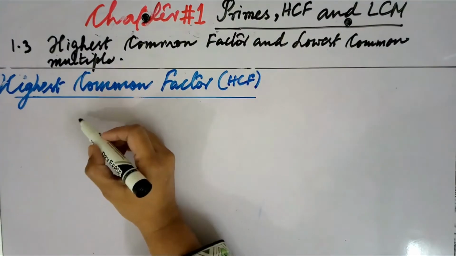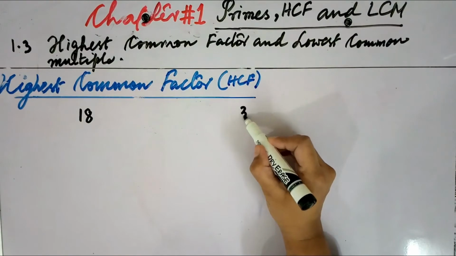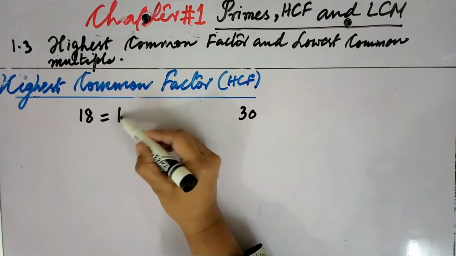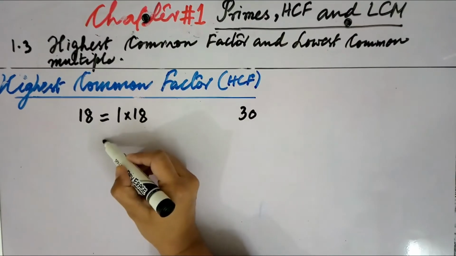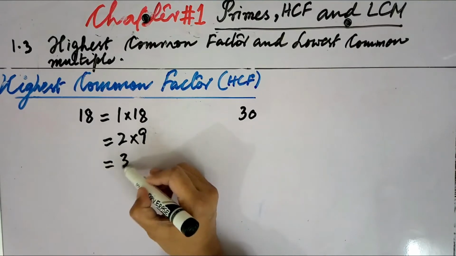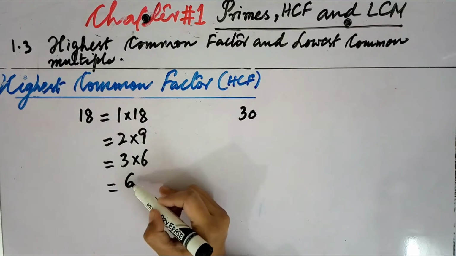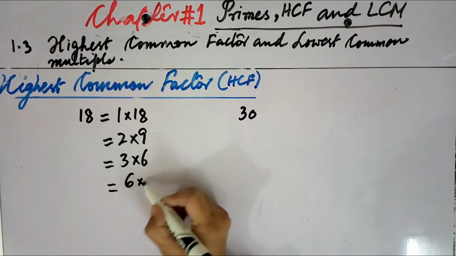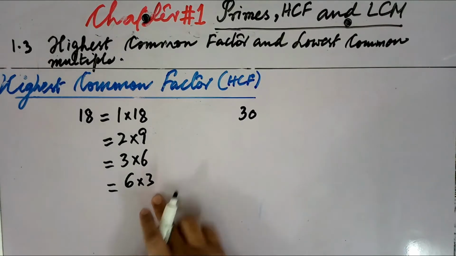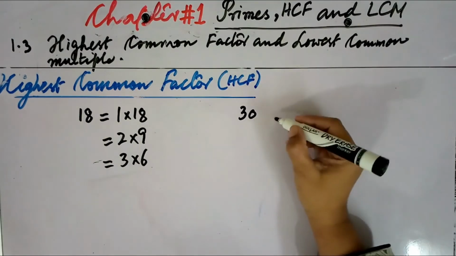For example, if I am taking 18 and 30, how will we find out the factors of 18? 1 multiplied by 18, 2 multiplied by 9, this is the method, and 3 multiplied by 6, and 6 multiplied by 3. When you see that the numbers are repeating, you will stop over there. Only these are the factors of 18.